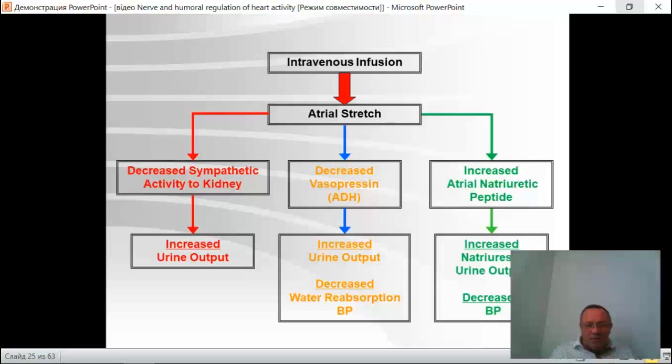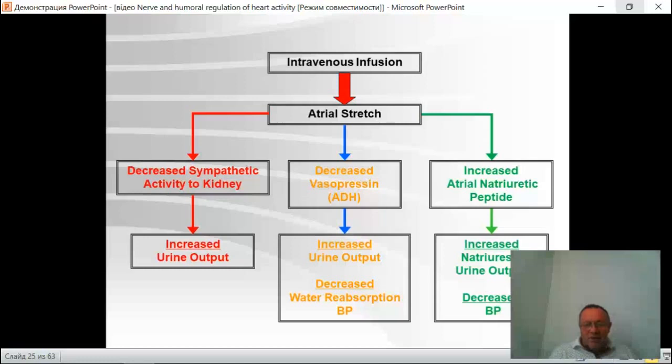Second, decreased vasopressin production, antidiuretic hormone from the hypothalamus, which increases urine output, decreases water absorption, and regulates blood pressure.